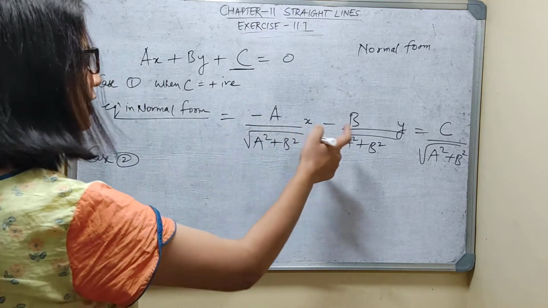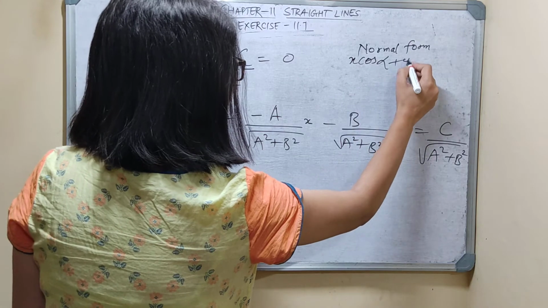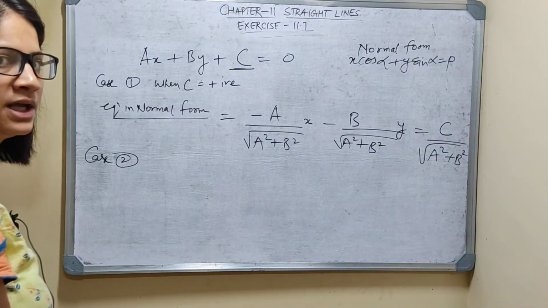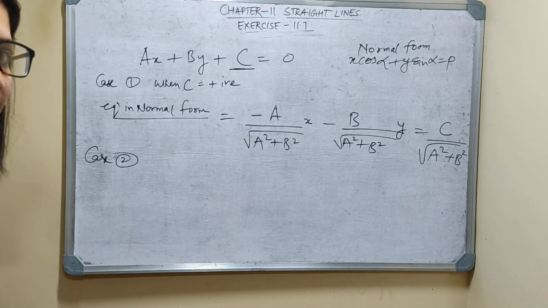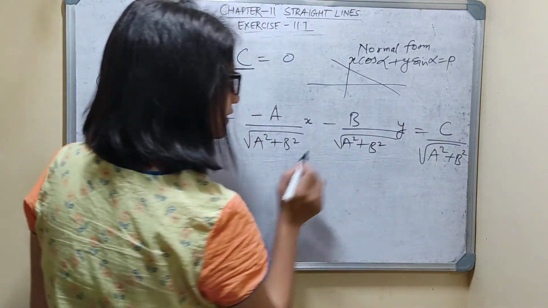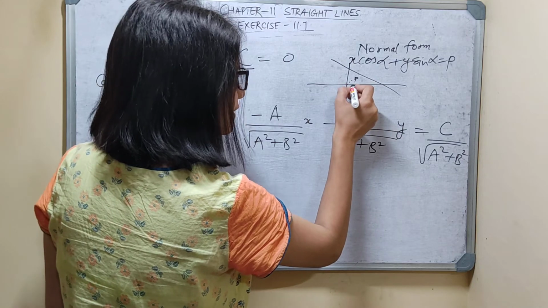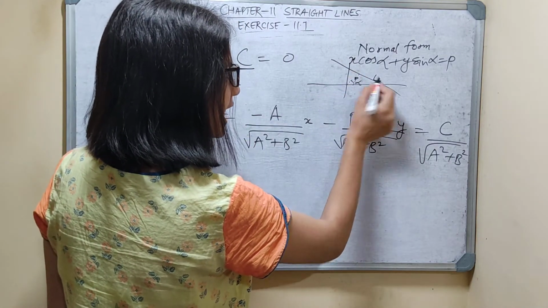Understood this one? And what is the normal form, you know? It is x cos alpha plus y sin alpha is equal to p. You know this one? I have drawn the diagram. This is the line L, and this is the perpendicular p, which makes angle alpha.